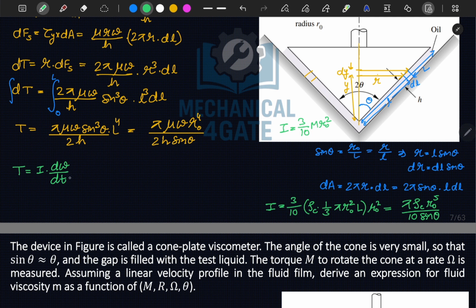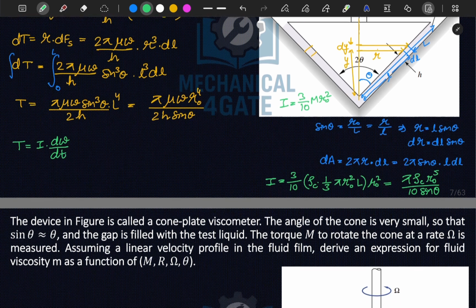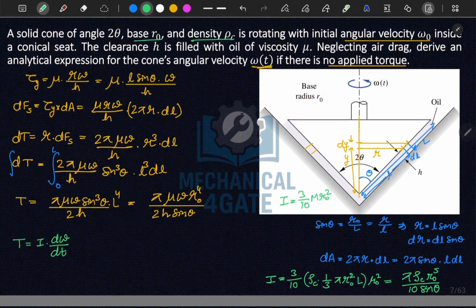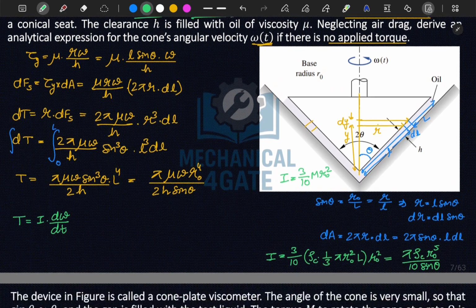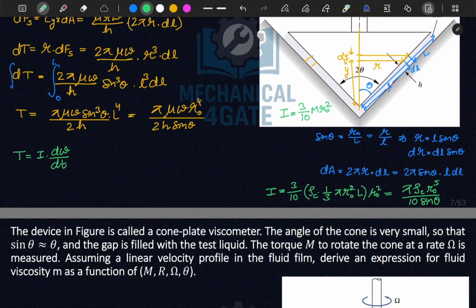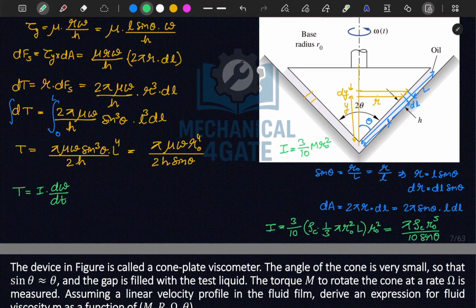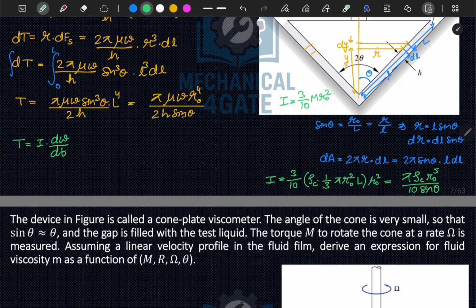Now I want to calculate your omega t value. How will I calculate this? I will substitute these values here. This torque will act as a braking torque, which decreases the angular momentum of the system. So if I equate both of them, this is basically your resisting torque or braking torque, so I will write it here in negative.